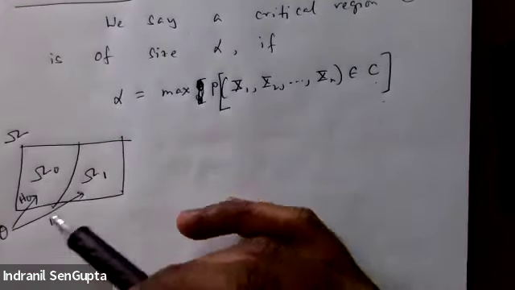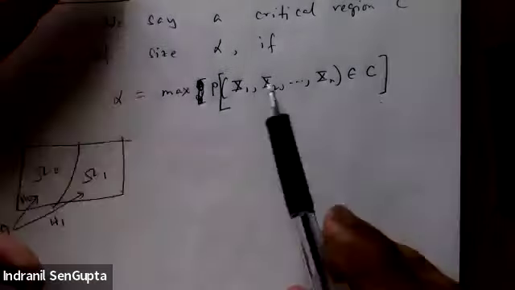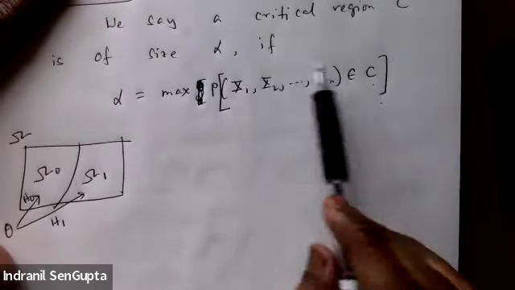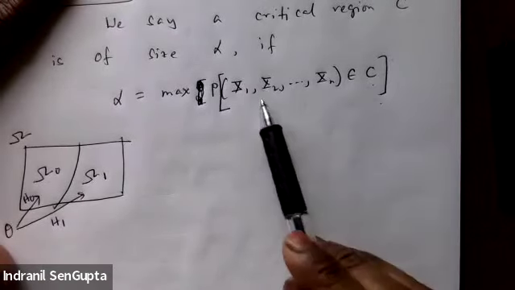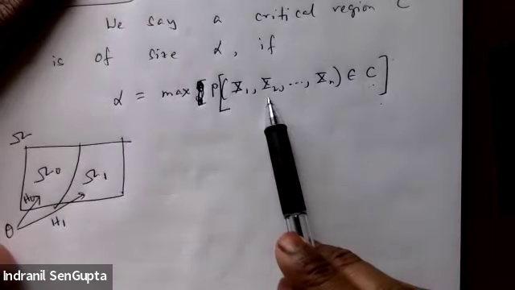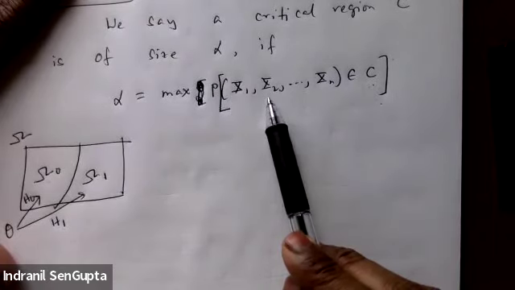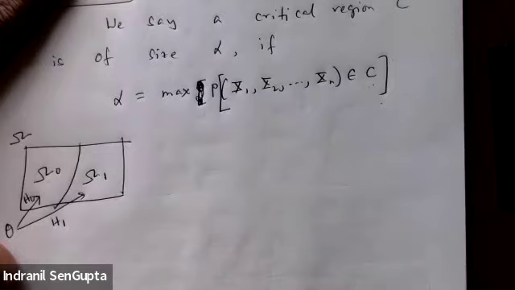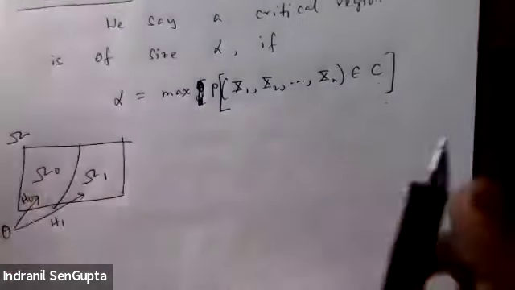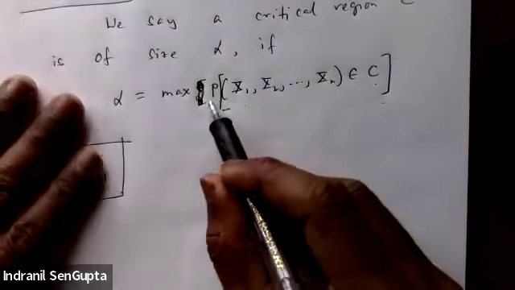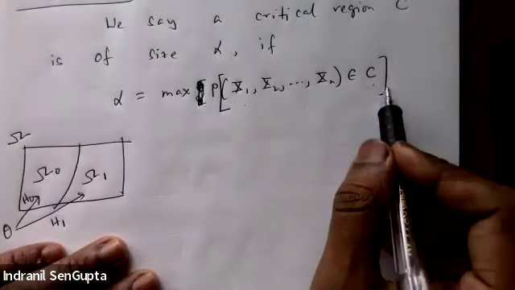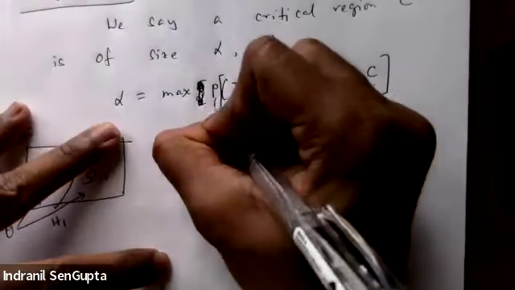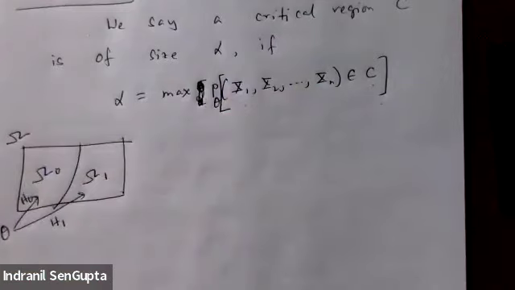That's a problem, right? When you compute this probability, it inherently depends on theta. So in order to show the dependency, we sometimes write P sub theta.